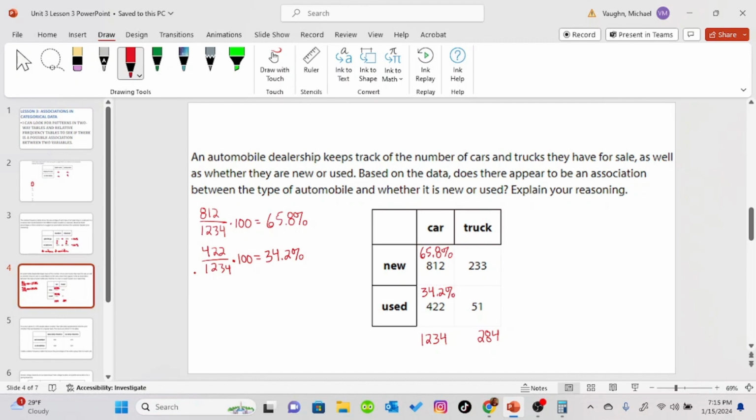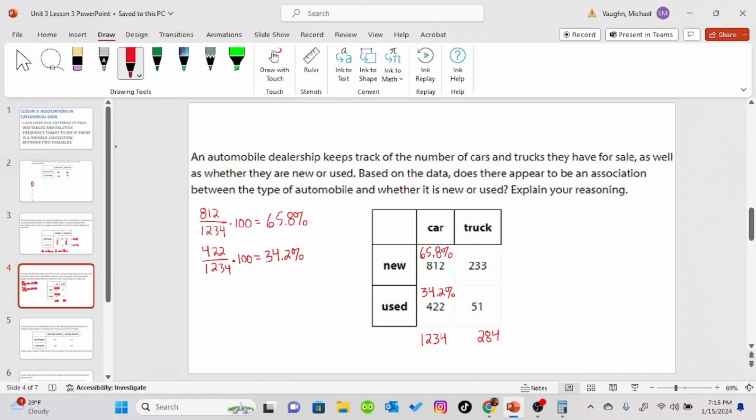Now, if there was no association, when we calculate these percentages for trucks, we expect them to be similar. If there is an association, we expect these percentages to be noticeably different.